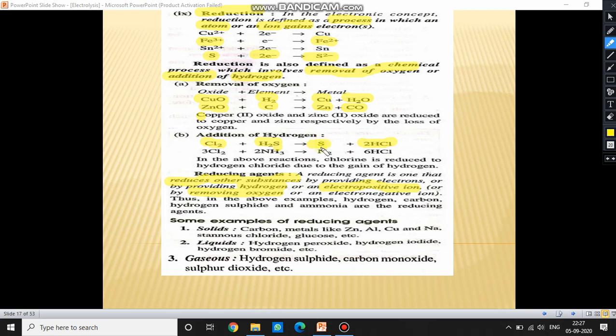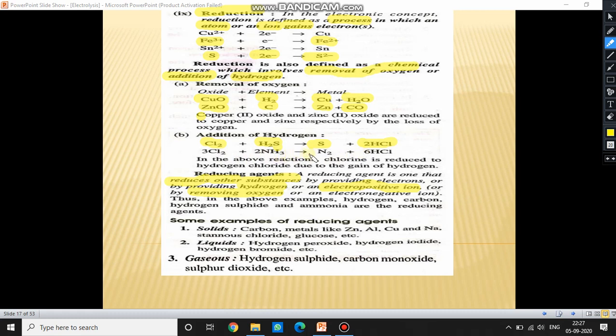Removal of hydrogen. Now second case, Cl2 with ammonia. Now this equation is known to you. We have done this in the ammonia chapter. Here you can see Cl2 is combining with hydrogen. So ammonia is behaving as a reducing agent. Why?